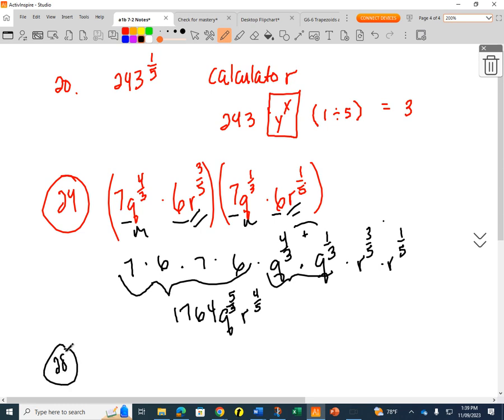Let's do number 28, because you're using the same concept. So 5 to some power times 5 to the 3rd power equals 5 to the 2nd power.